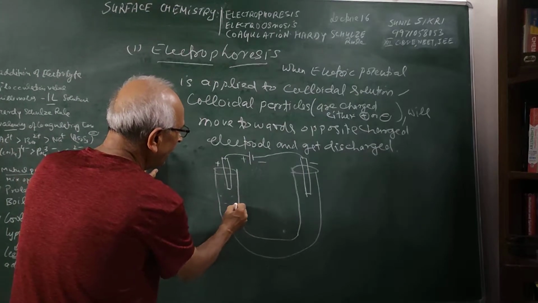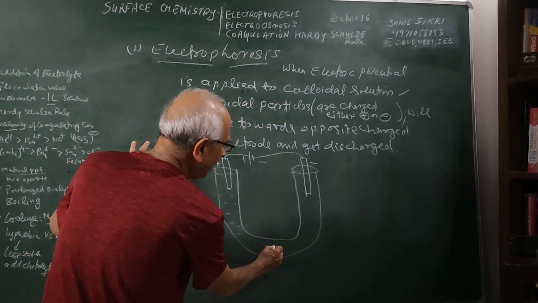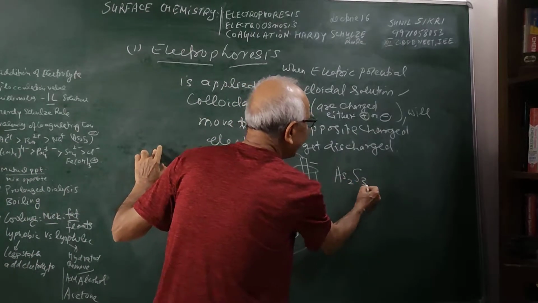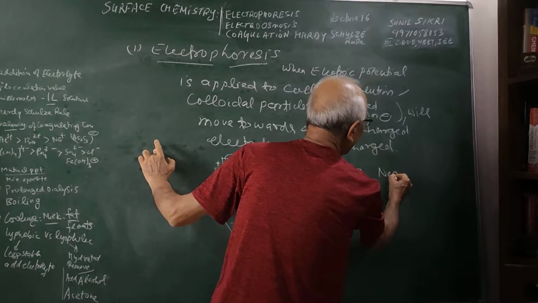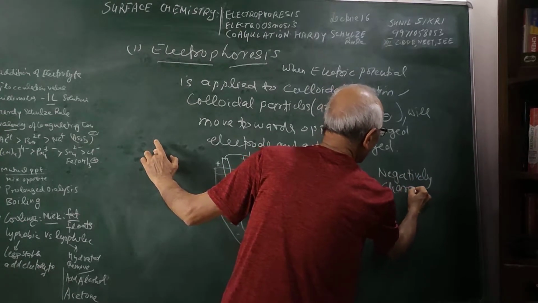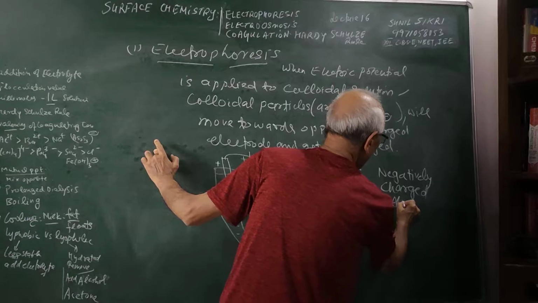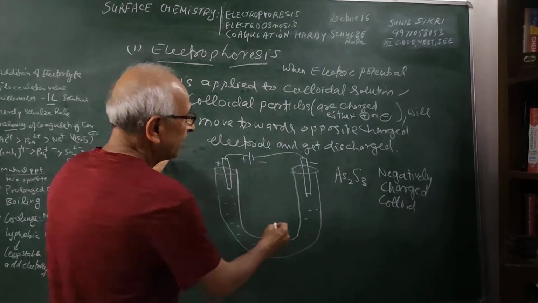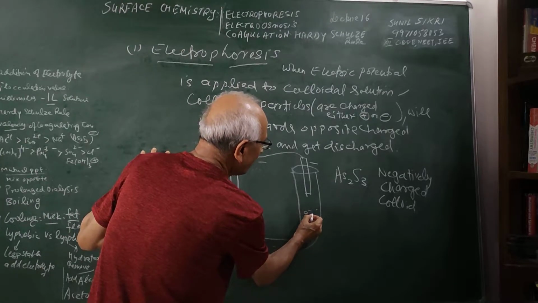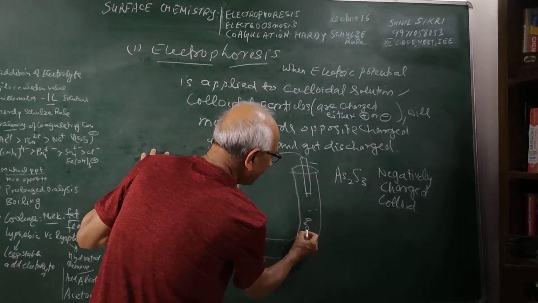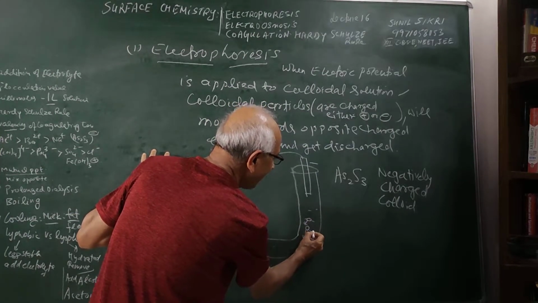Now you have colloidal solution. Supposing I take arsenic sulfide, it is a negatively charged colloid. We already know about that. When I talked about the charges, I said it is a negatively charged colloidal solution. It is present inside this. So these particles of arsenic sulfide are negative.